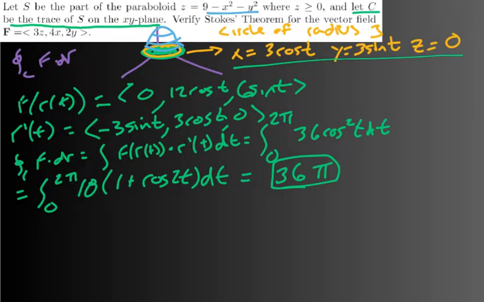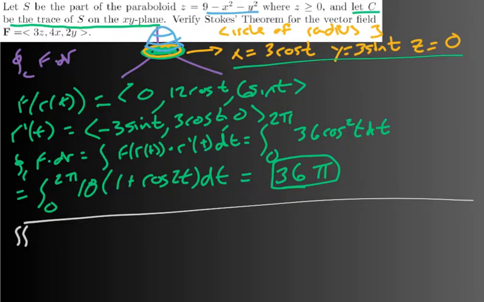And so now you have to switch gears and do a surface integral. The one we specifically do is a double integral of the curl of F dotted with n dS. That is how you do these surface integrals. The surface in question is this paraboloid, and we've talked about this before: for any surface, think of a patch.